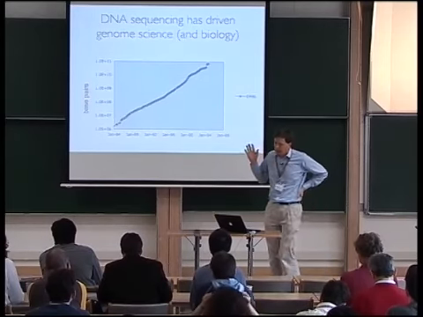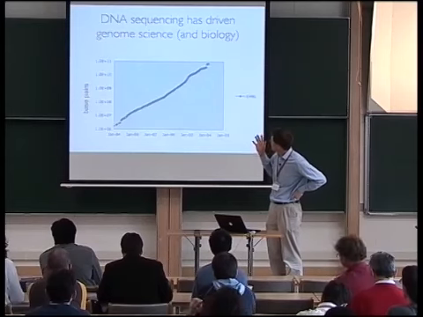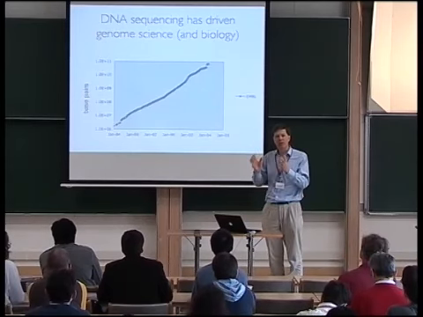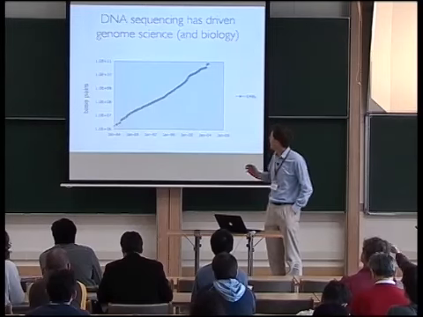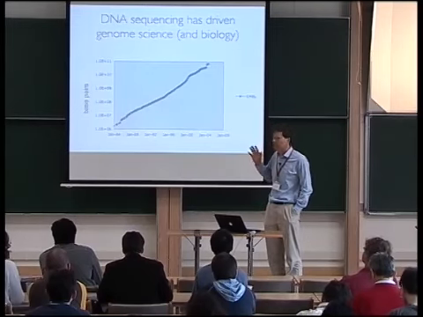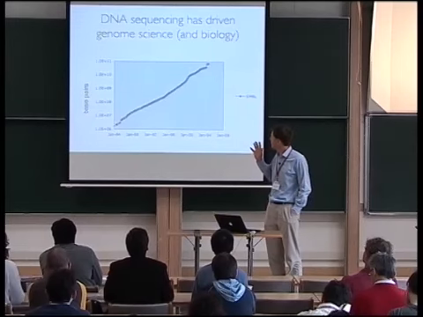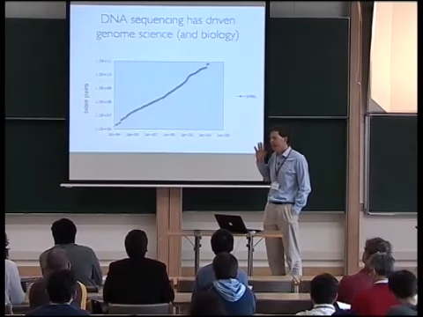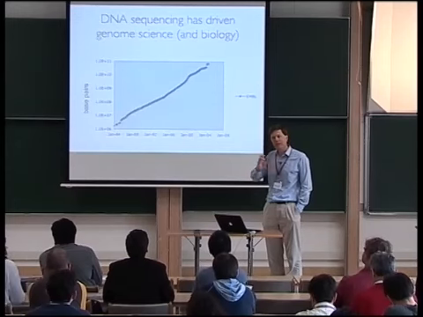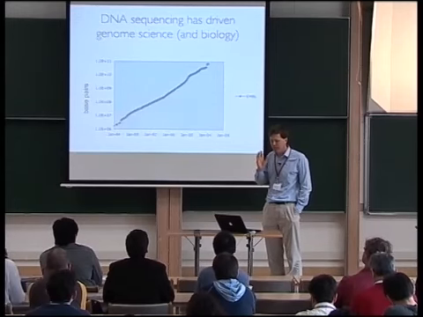So DNA sequencing has really driven genome science, certainly, and to some extent, arguably, biology, for the last 20 years. And there's been an exponential growth in our total amount of DNA sequence.